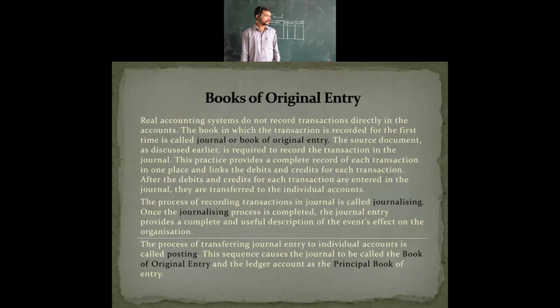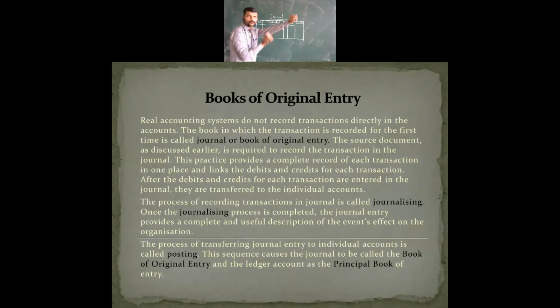See, the process of recording transactions in the journal is called journalizing. What we call these records, what we maintain here, this is the journal specifically we are talking about. The process of recording the transactions in the journal, we call journalizing. Meaning we are giving the description of the transaction.